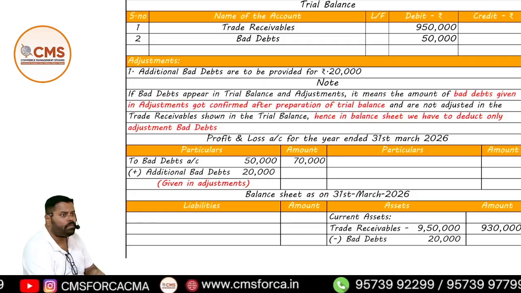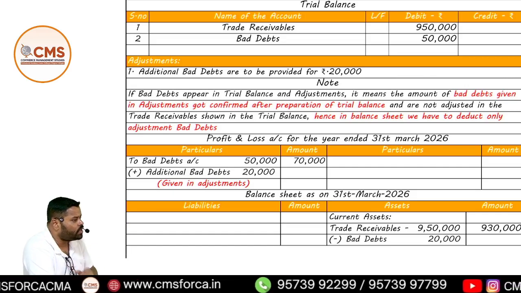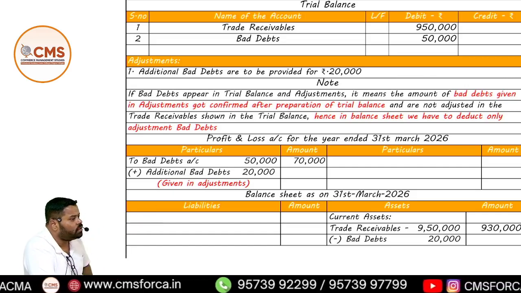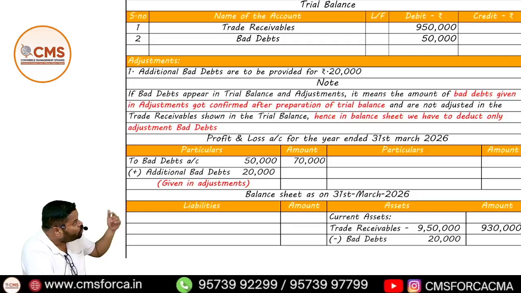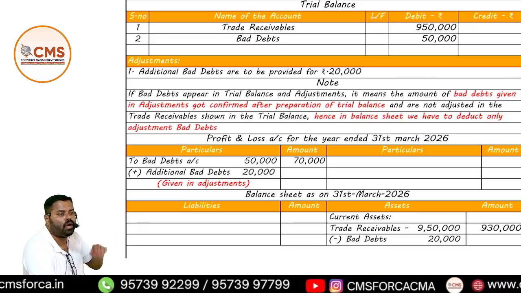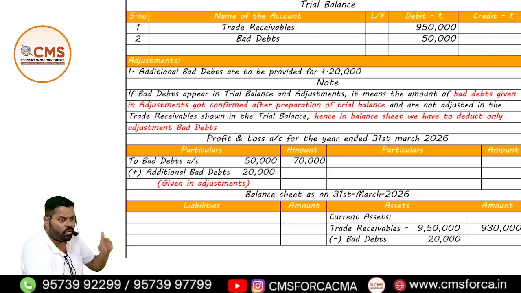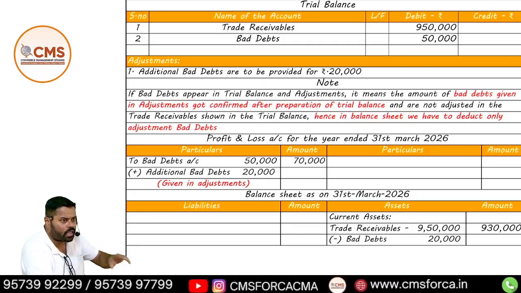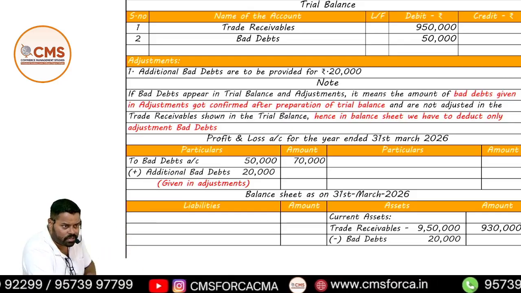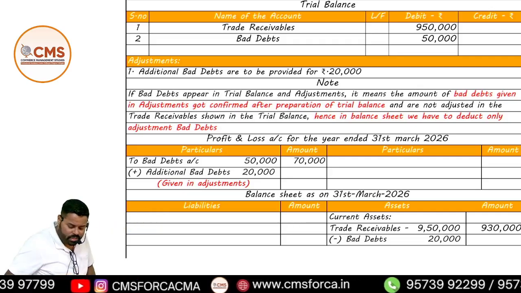Now, after preparing the trial balance, when you are getting ready to prepare the trading and P&L account and balance sheet, suddenly you got another piece of information that out of that 9,50,000, another 20,000 will not come now. Am I correct? 50,000 is already gone. Originally 10 lakhs, 50,000 is gone. That's why we wrote 50,000 in the trial balance there. After preparing the trial balance, look at the adjustment. What is the adjustment that we have got here?